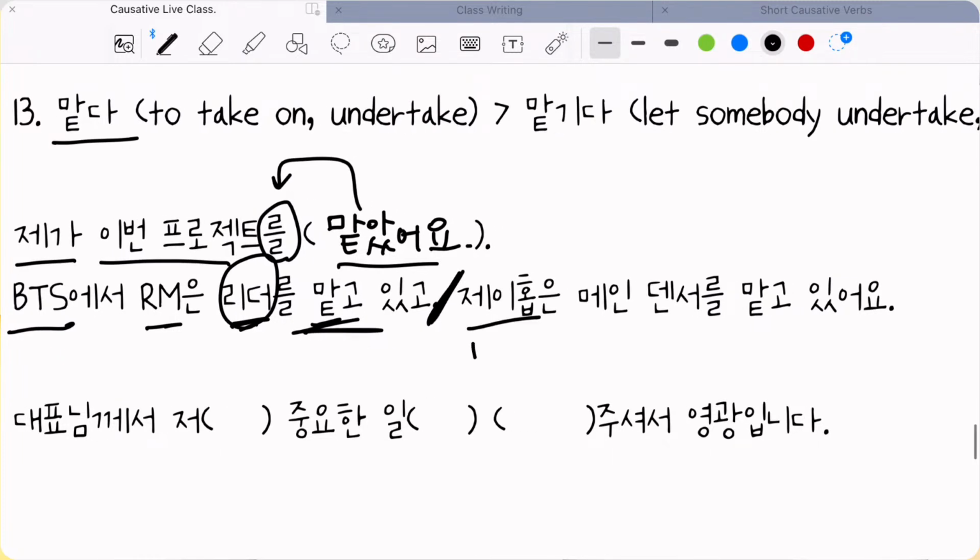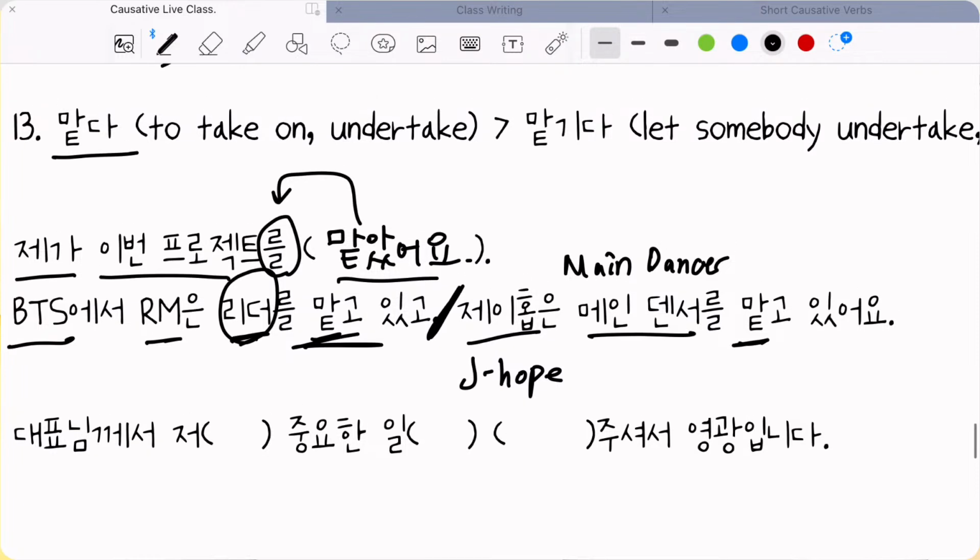And J-Hope은 main dancer. It's a Konglish word, main dancer, that comes directly from the English. So main dancer를 맡고 있어요. He took on that position. It's his position. He's in charge of the position main dancer. 그런 식으로도 쓸 수 있습니다.